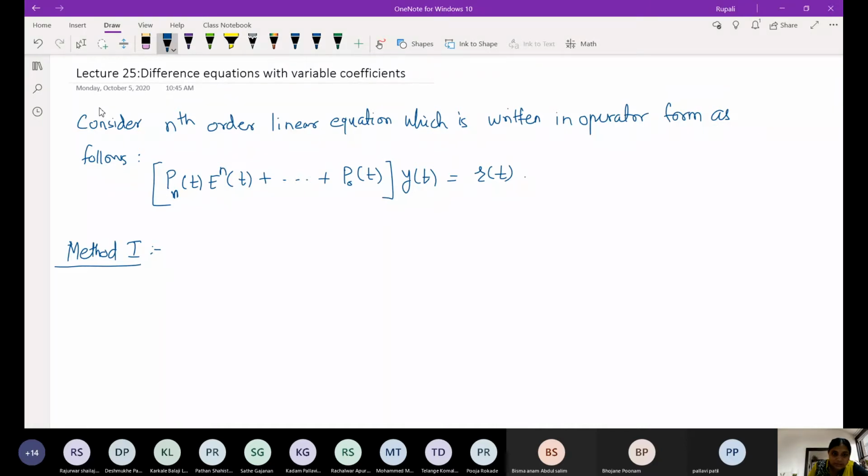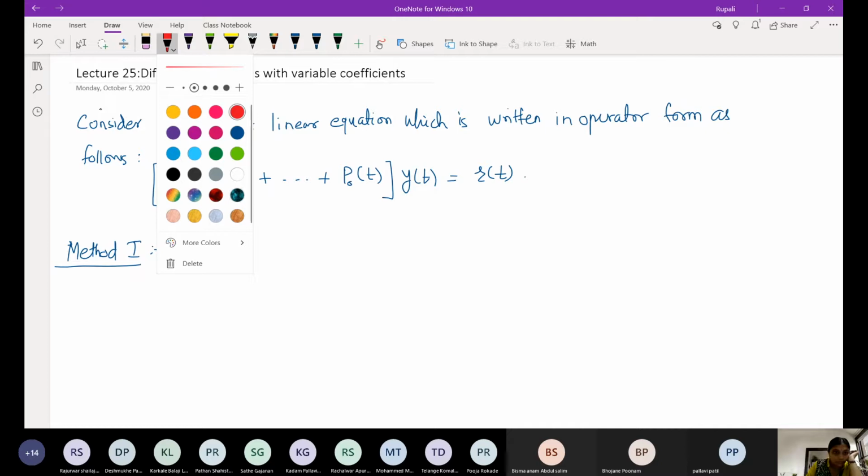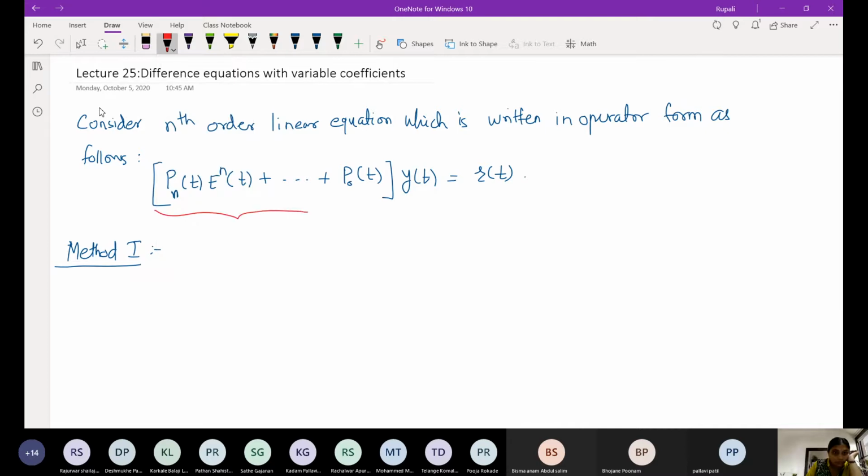We will see methods to solve a second order difference equation with variable coefficients in which this whole operator, P_2(t) E^2 plus P_1(t) E plus P_0(t), the coefficient of y(t), factors into linear factors. If it factorizes into linear factors, then how to solve it? Okay, so consider example 1.